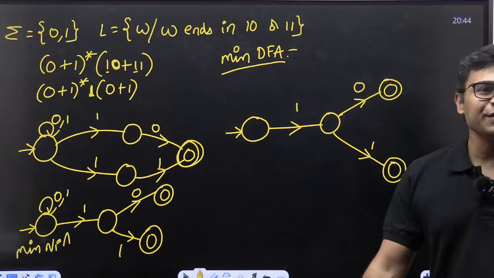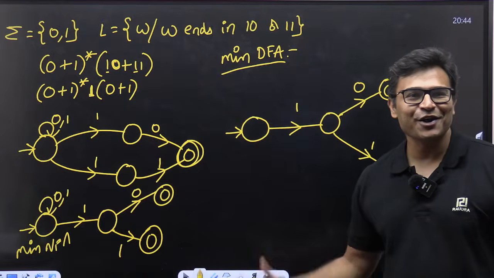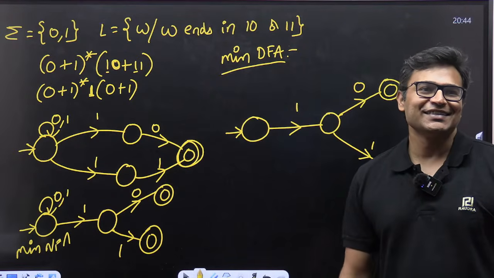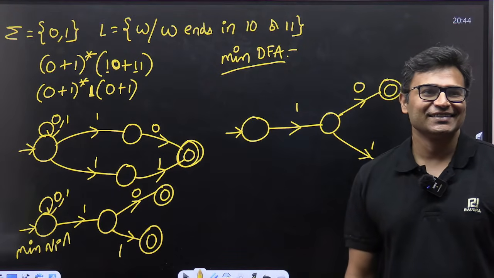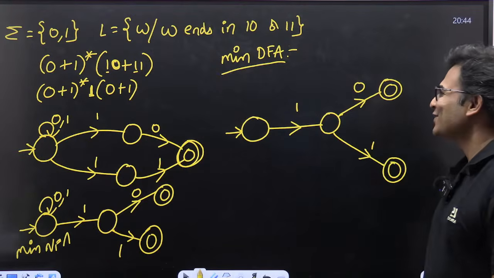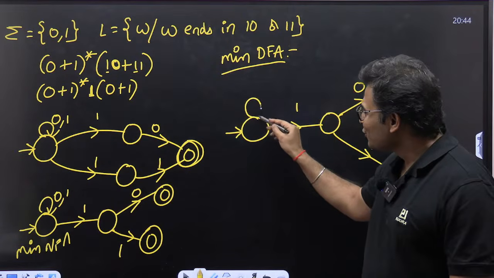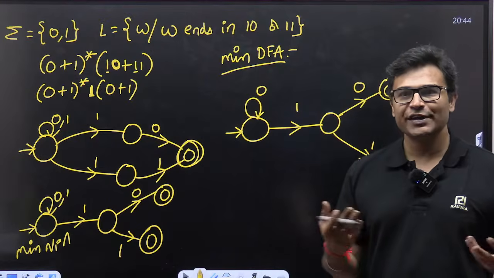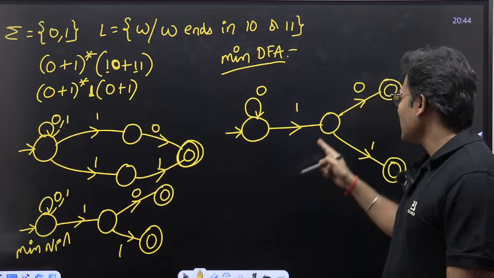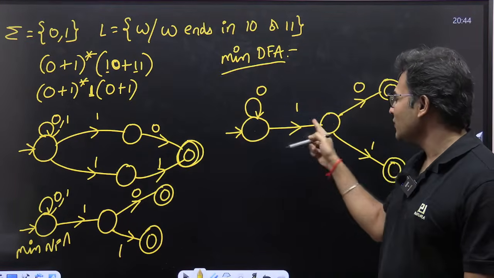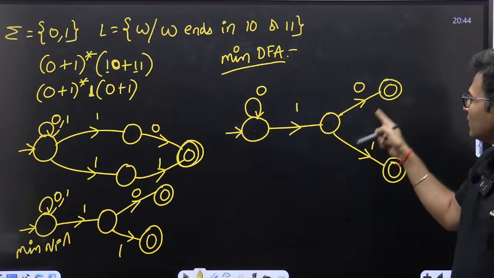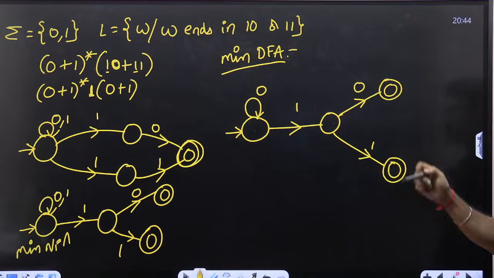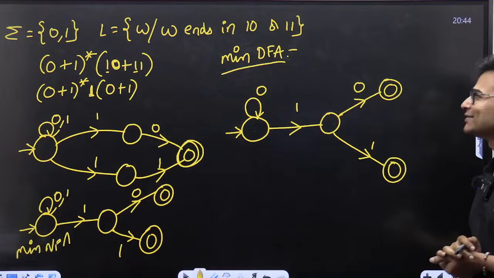No, there are many missing edges. So, let any number of zeros come. I will wait for a 10 or 11 because I am waiting for a 1. Now, this is complete on 0 and 1. These two are not complete. We have to say what happens on 0 and 1.